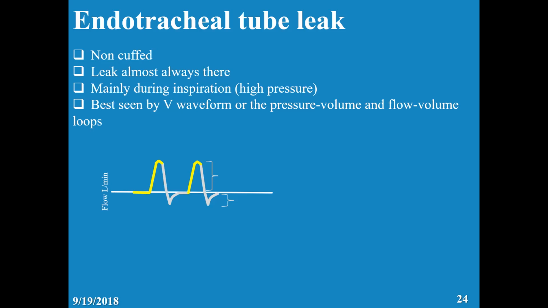That means air trapping. If the in is more than the out, then there is something lost from the in. The air is lost somewhere, and that means there is a leak. Is that clear, or did I confuse you?